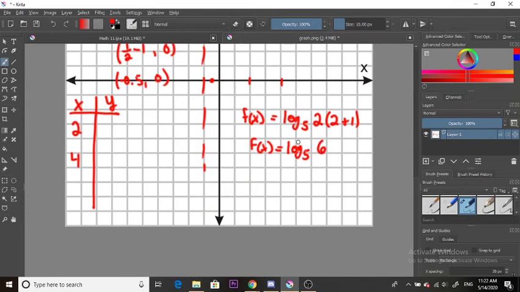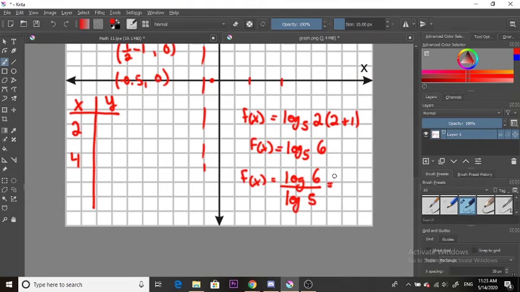Now here, I can't just calculate this. I have to change my base. So when I change my base, I would get log, and I'm going to go with log base 10, log of 6 over log of 5.